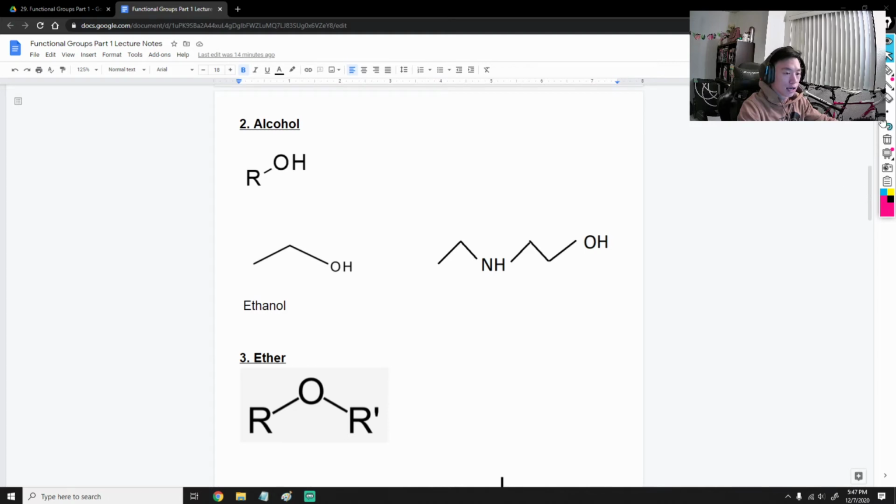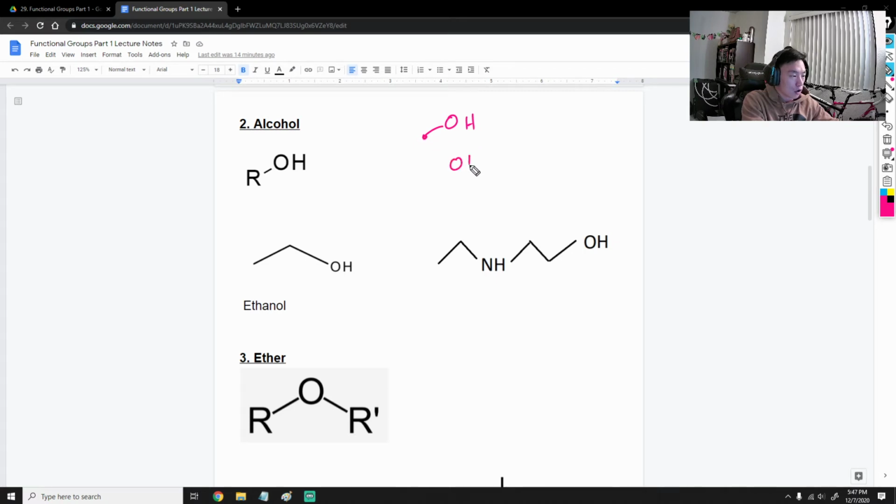Next, we're going to look at alcohols. Okay, the next functional group is called alcohols, and alcohols are generally R, a carbon chain, connected to an OH. So again, R just means carbon chain, so that means that you can have OH connected to one carbon right here.